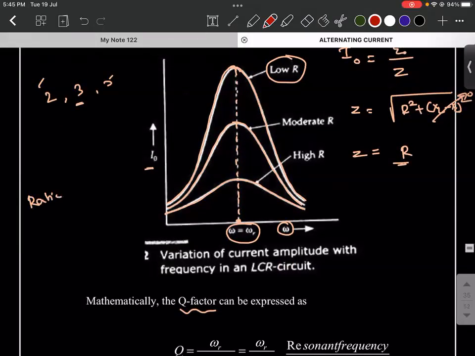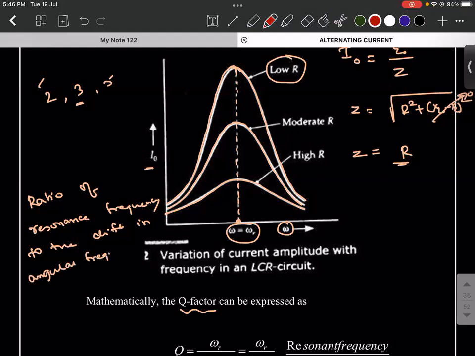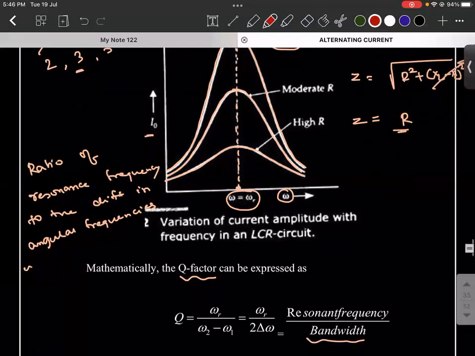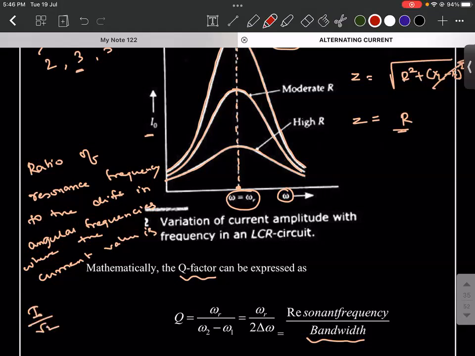It is the ratio of resonant frequency to the difference in angular frequencies where the current value is I naught by root 2.